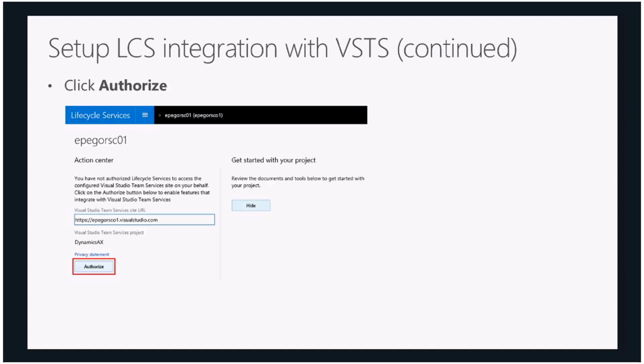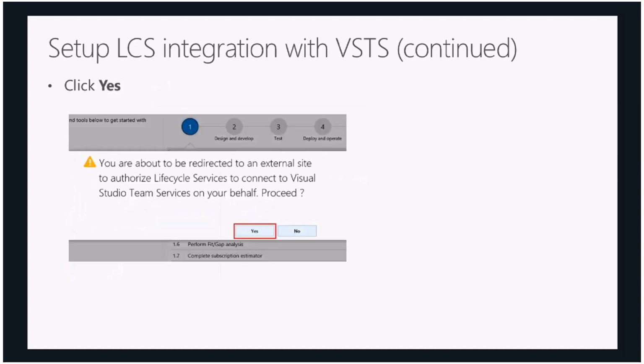It's kind of like we are ensuring that you explicitly authorize yourself as a user with the right permissions to access the VSTS account configured with the LCS project. When you click authorize, it redirects you to your VSTS account, and it says proceed.